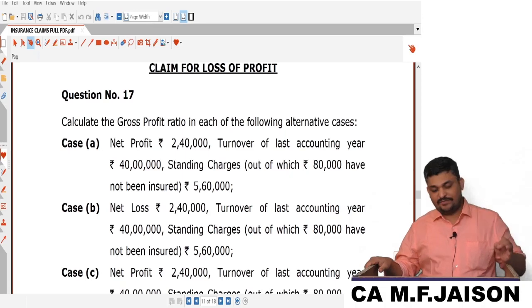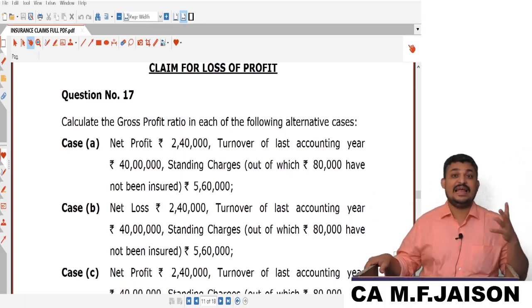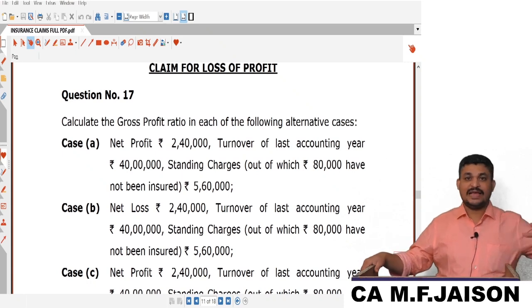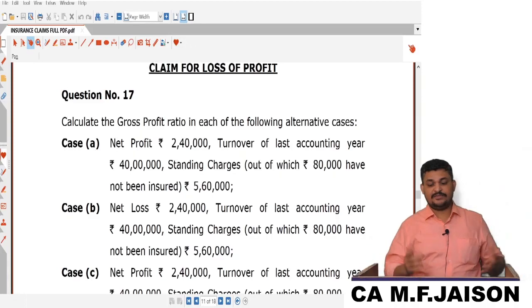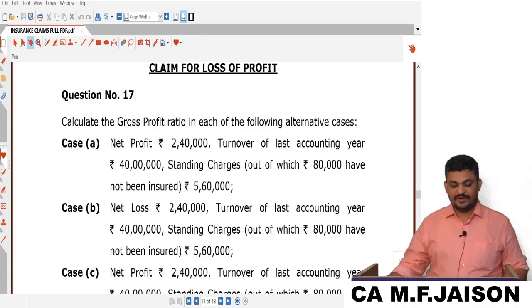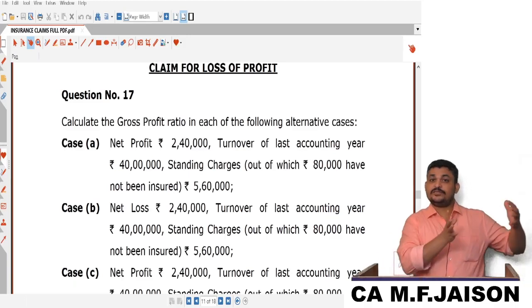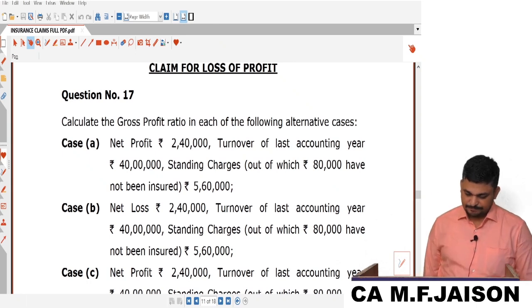Net profit 2,40,000. The term turnover means sales, gross revenue, is how you should understand. Turnover of last accounting year is 40 lakhs. We usually compute based on the previous year.